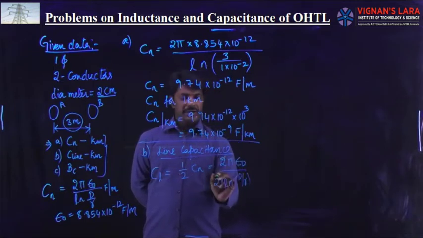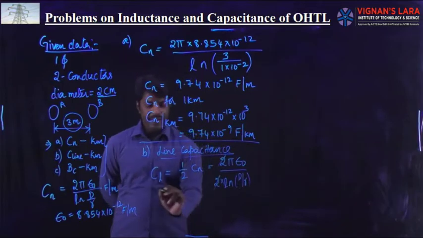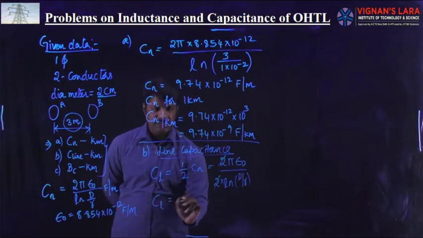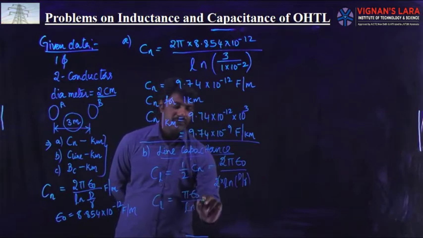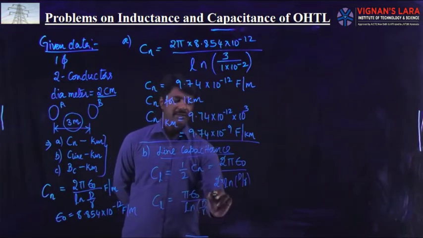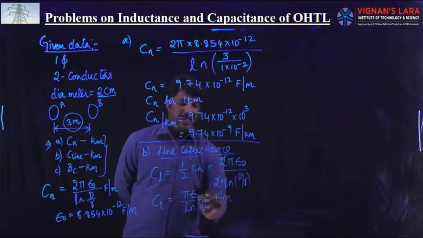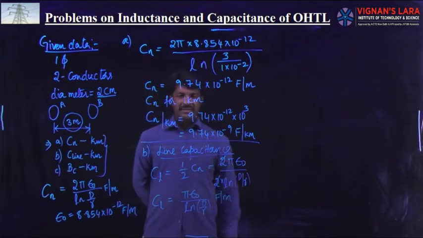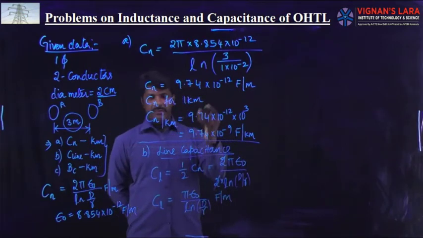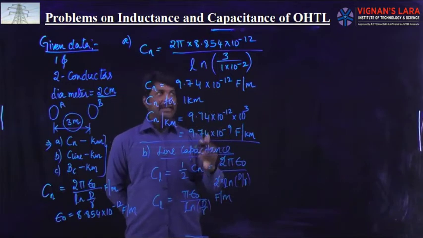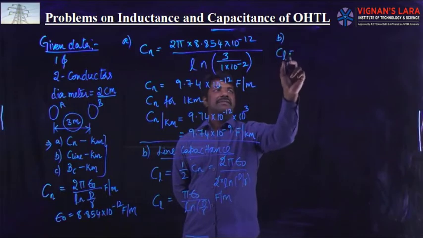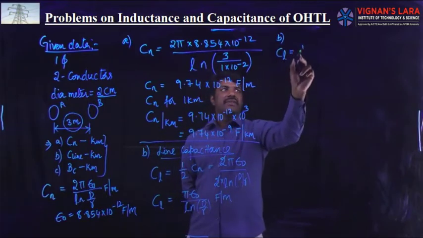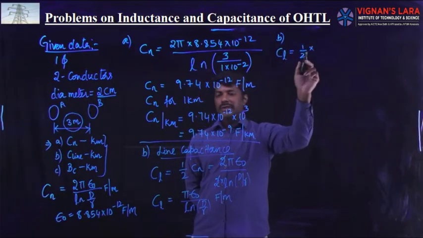Then the 2 gets cancelled, and the line capacitance is equal to pi epsilon naught divided by ln of d by r farad per meter. As we know the neutral capacitance from the previous part, we just take half of that value, and directly we get the B part answer. So the line capacitance is equal to half of the neutral capacitance.